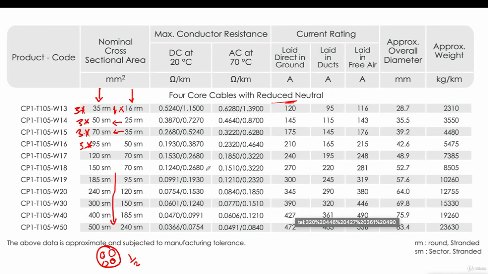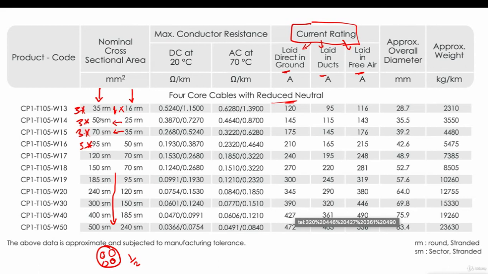Let's take a look at current rating, and also we have three types of installation here: laid direct in ground, laid in duct, and laid free in air.